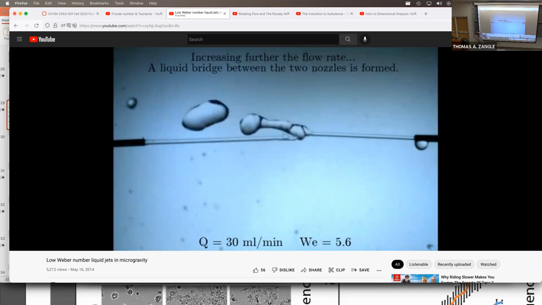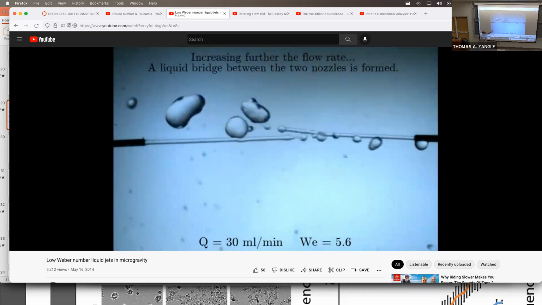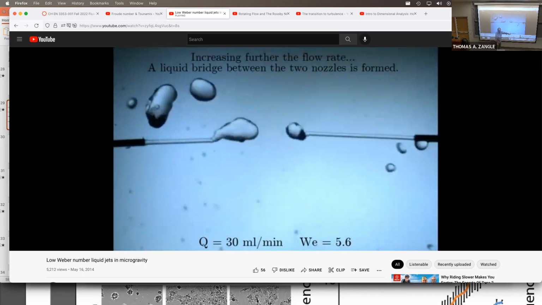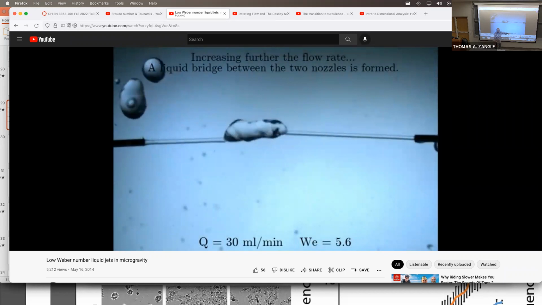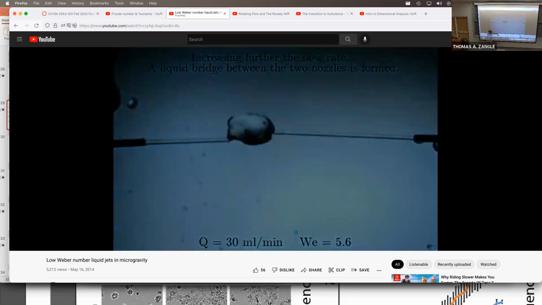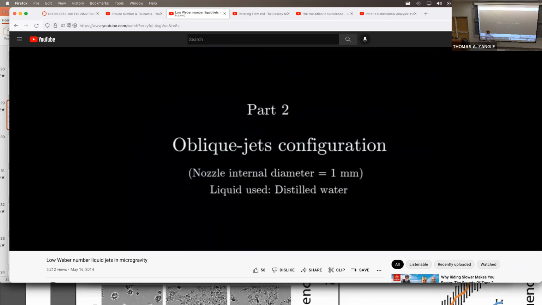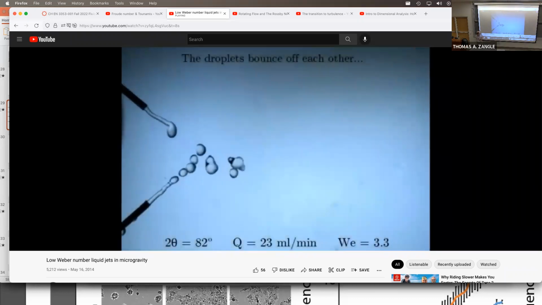So aside from interesting behavior of droplets, again, the main thing to take away here is that this is essentially behavior governed by a dimensionless number, and as we change the value of that dimensionless number, we can often see qualitatively different behaviors.